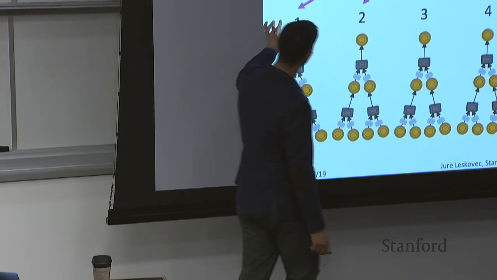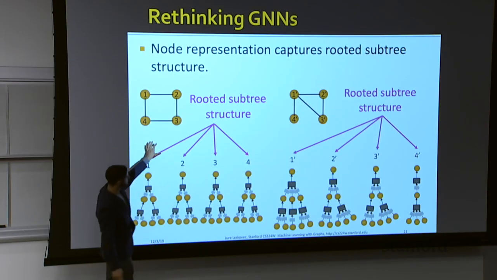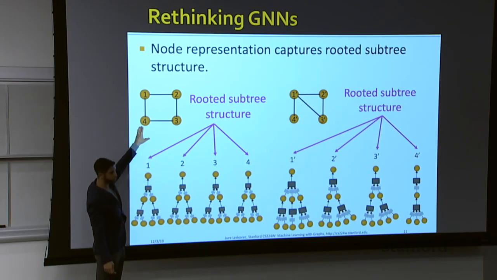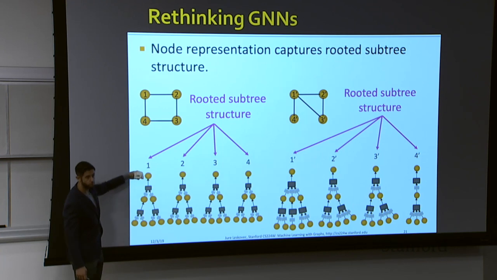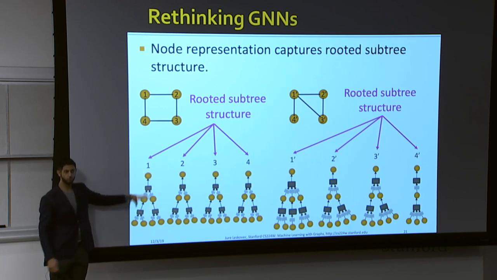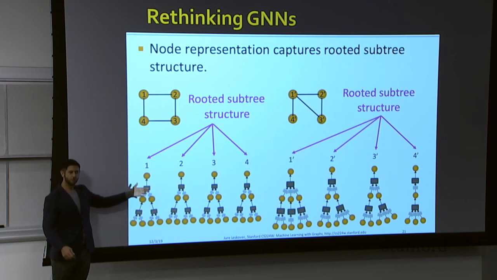We're going to be calling our computation graphs rooted subtree structures. So we root them on our target node, and then we build a subtree of arbitrary depth. Usually we work with two-hop neighborhoods. The reason is most of the common GNNs that we've covered in the course do that.